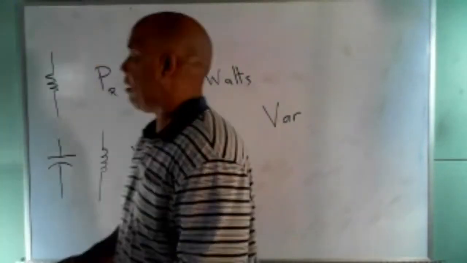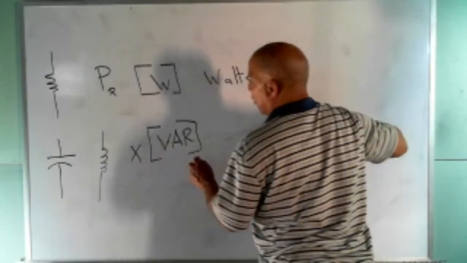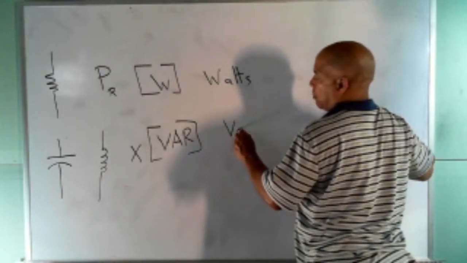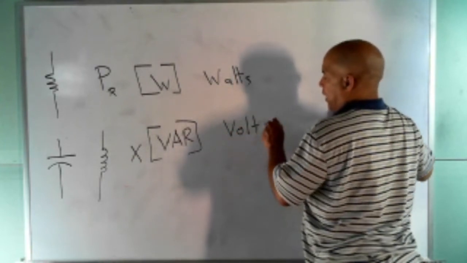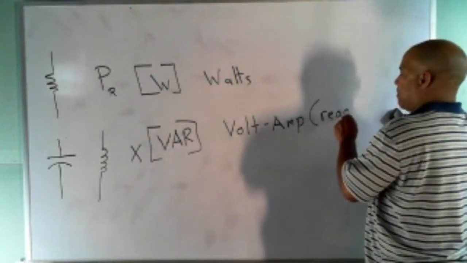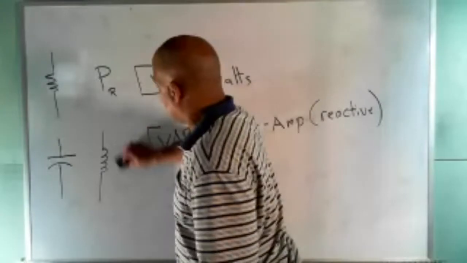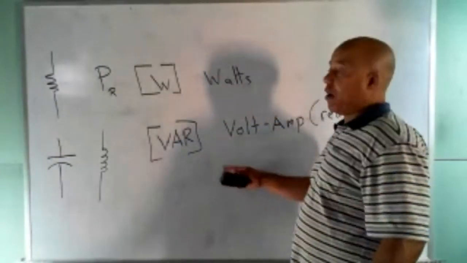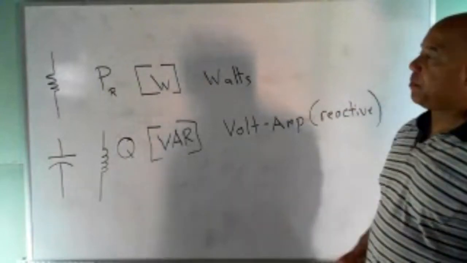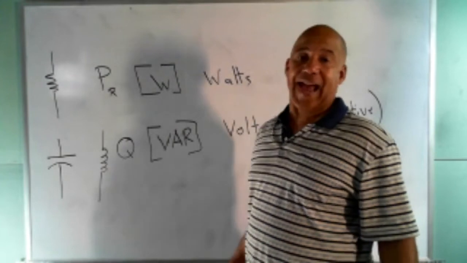Well, that's a unit for reactive power. It stands for volt, amp, reactive. Volt amp reactive. And the symbol we use for these VARs is Q. So we use P for resistive power, and we use Q for reactive power.